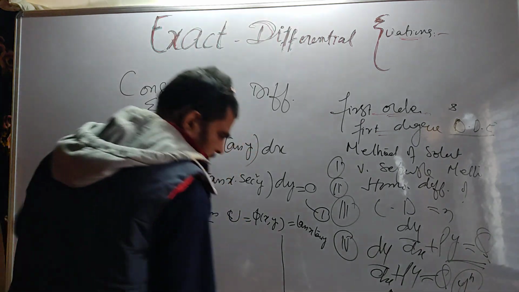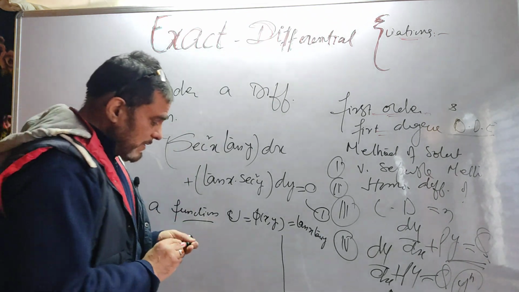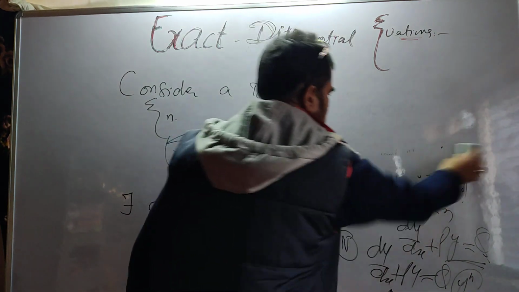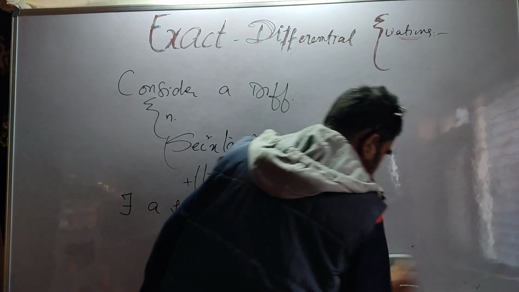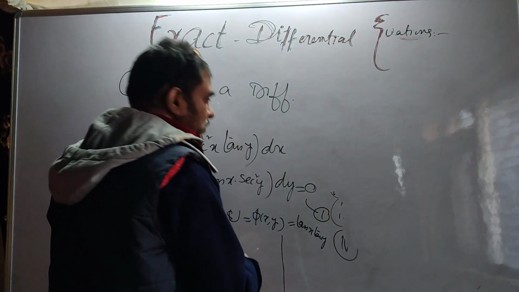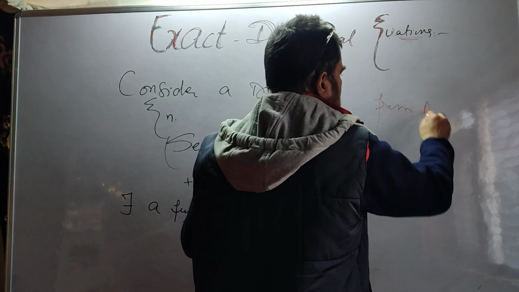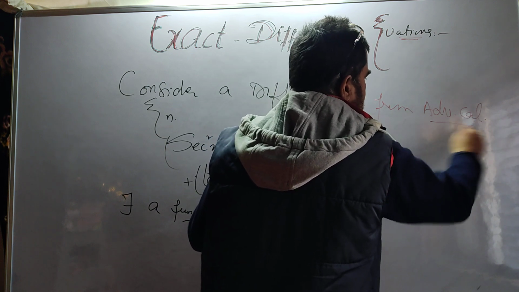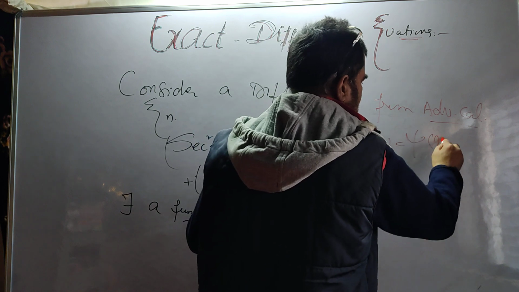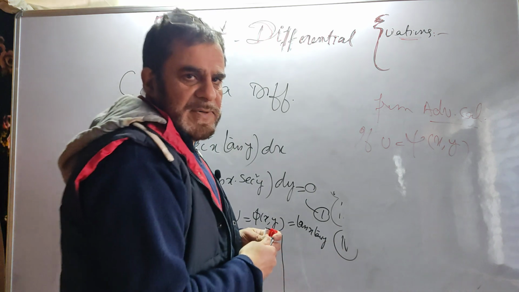First of all, I will review your advanced calculus. In advanced calculus, I will write a formula that you have done, or you may be doing it now. If u is equal to psi of x, y, or psi of x, y, z, you have a total differential, an exact differential.